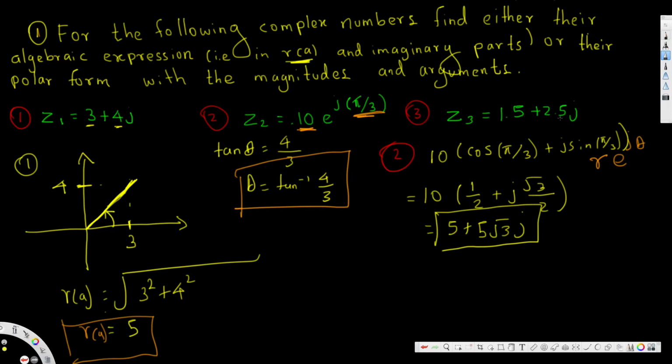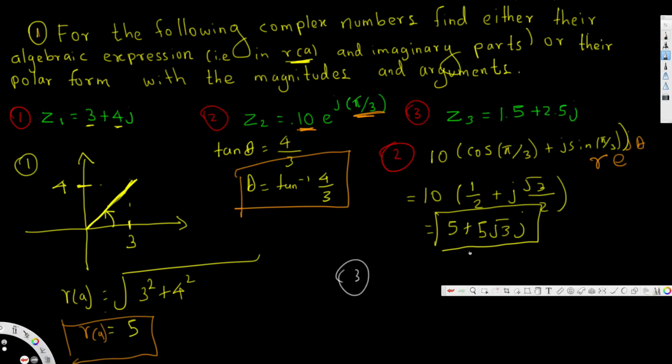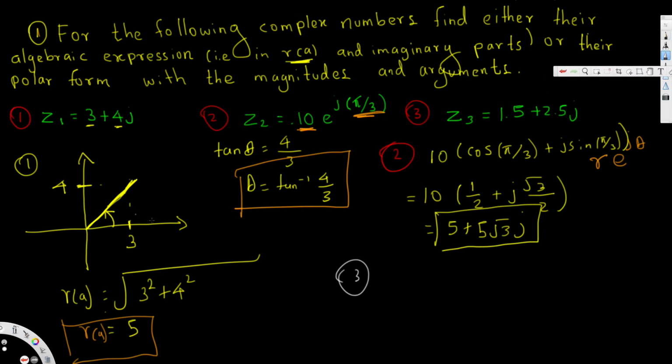1.5 plus 2.5 j. Again, we can put it like this in a graph. First number is the real part. Real part is always on the x-axis, 1.5, and the second one is imaginary on the y-axis, 2.5, and this is the length we have to calculate.